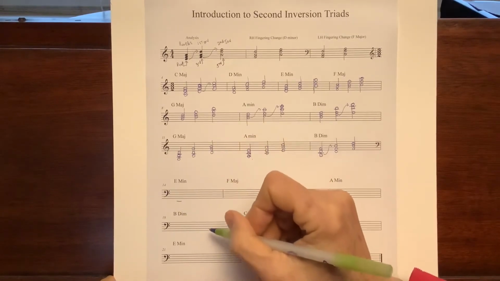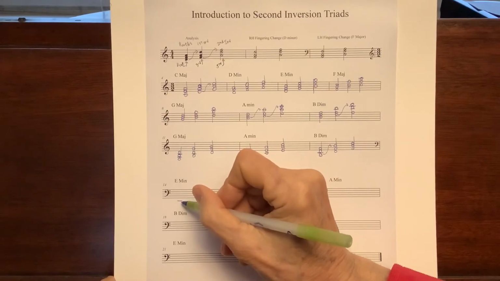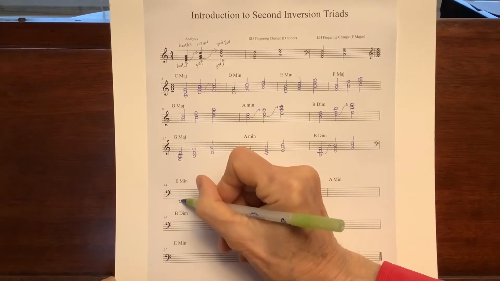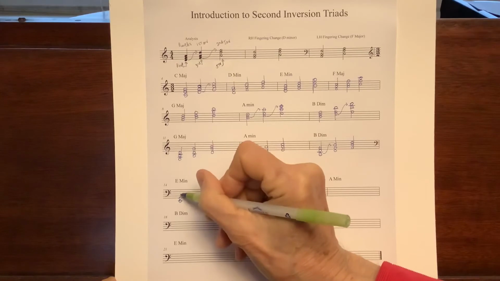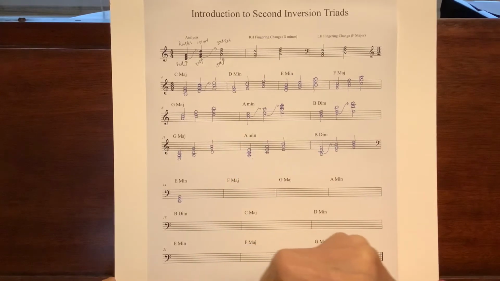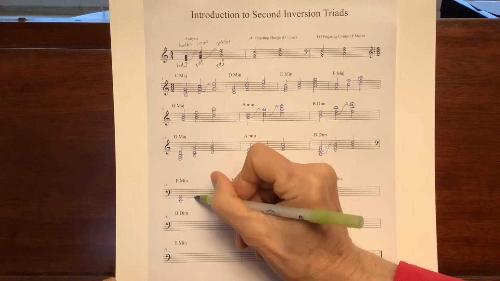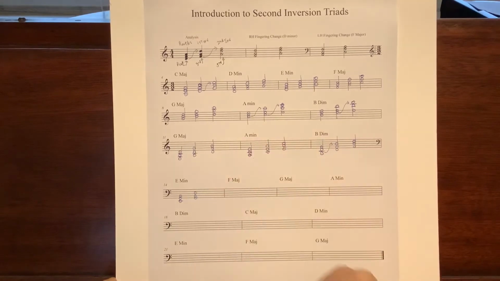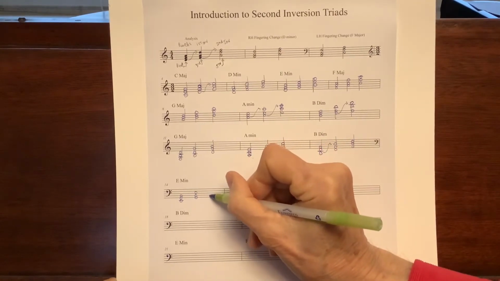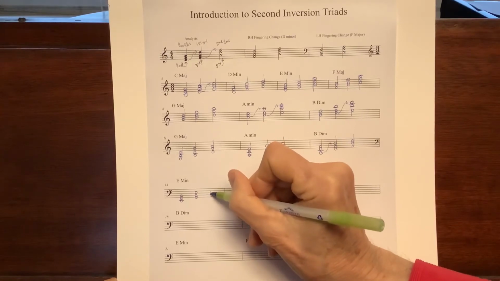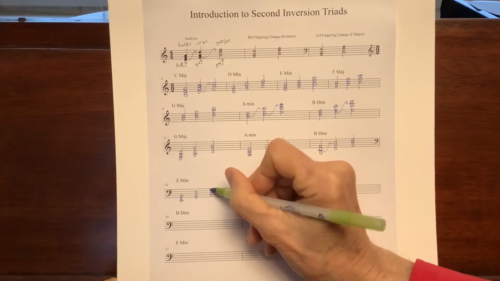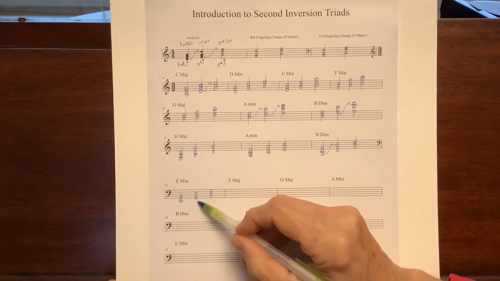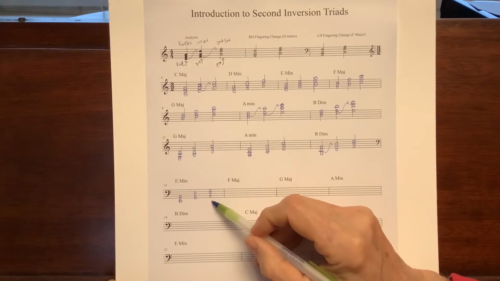So this line is E, and it's two E's below middle C. So we have E, G, and B. First inversion, G, B, E. Second inversion, B, E, and G. Okay? So roots on the bottom, E, thirds on the bottom, G, fifths on the bottom, B.